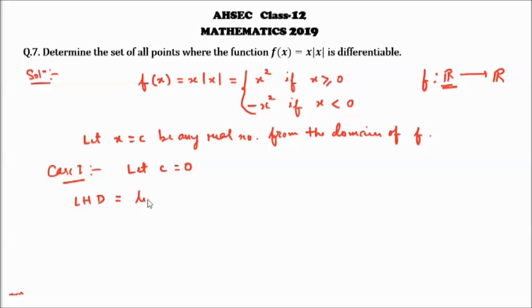This will be limit x tends to 0 minus of f of x minus f of 0 by x minus 0.